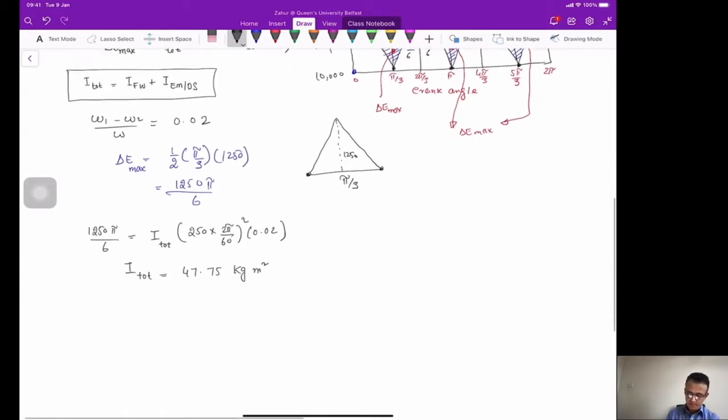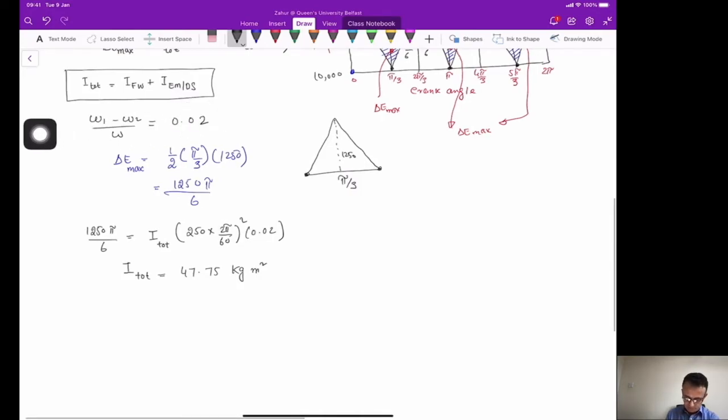So now as you can see here, I total is equal to I flywheel plus I of the electric motor and drive shaft. So now you can calculate the I of the flywheel. I of the flywheel plus I of the electric motor and drive shaft is equal to 47.75, but we know the value for the I of the flywheel, which is 30.